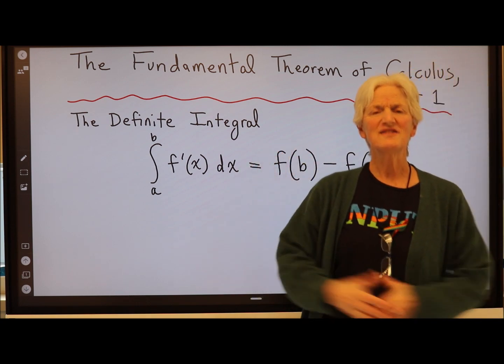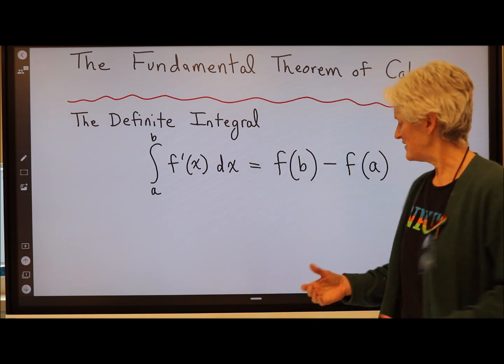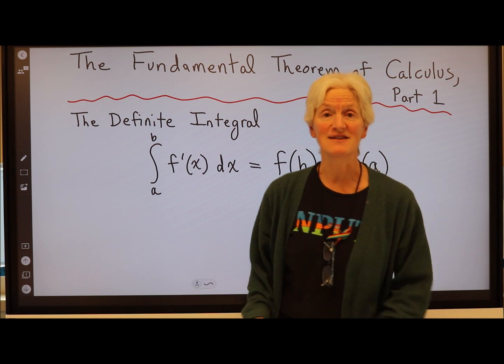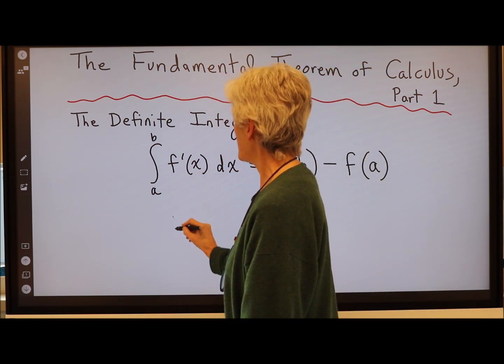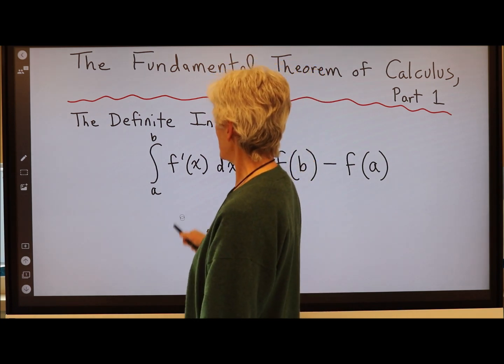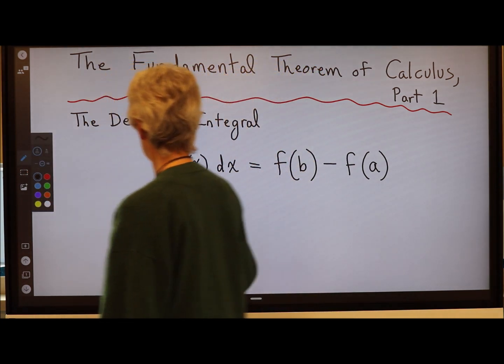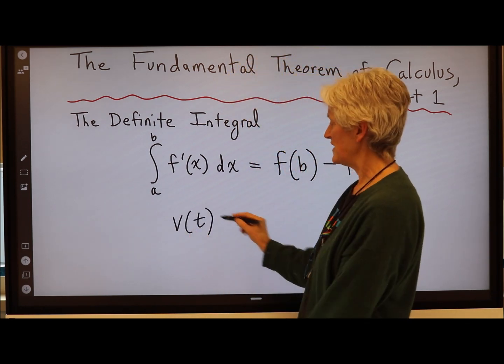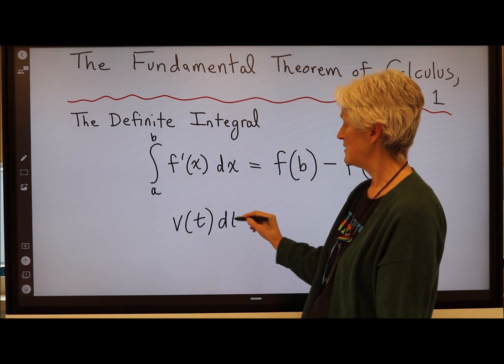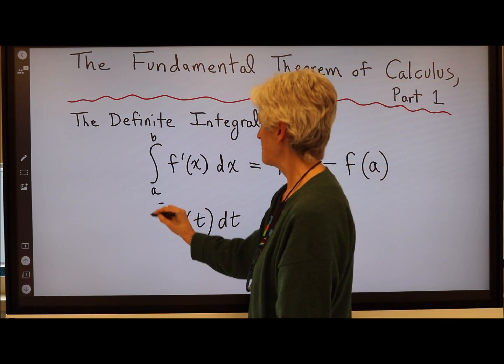Now, what does the definite integral give us? It gives us different things in different contexts. Let's say that this function right here was a velocity function. Usually we talk about velocity with respect to time, so I'm going to put a time there.